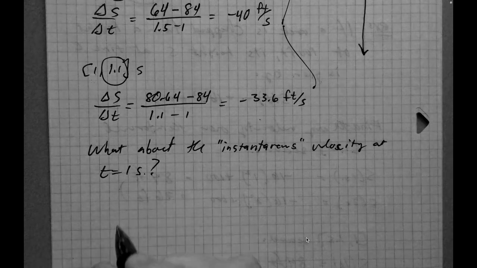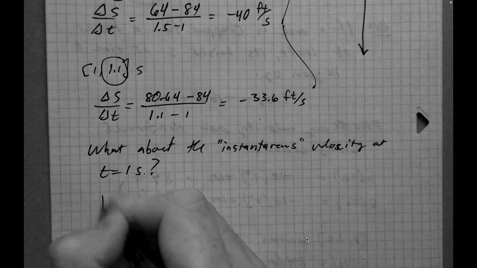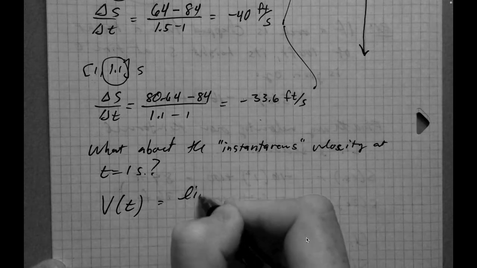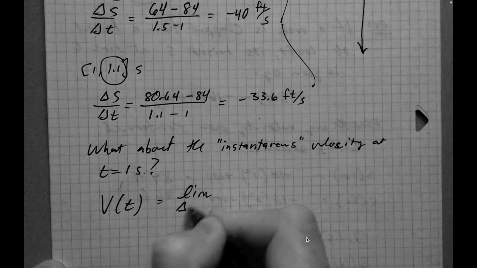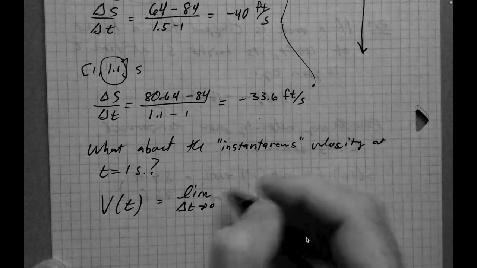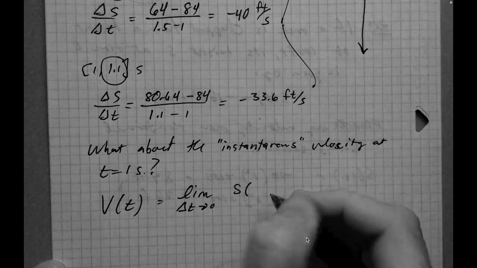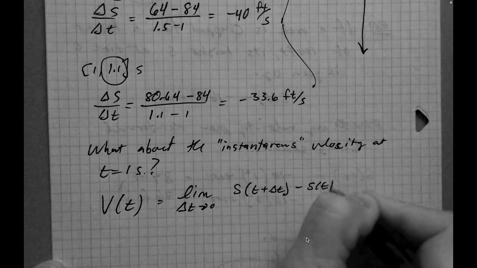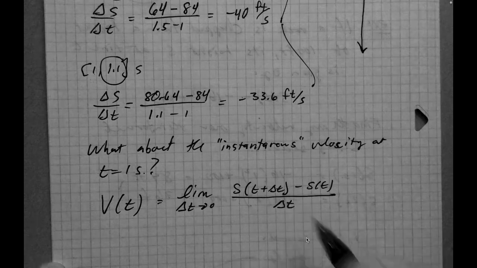So again, letting s of t be the position function, we can calculate a velocity function like this. This is going to be the limit as delta t goes to 0 of the position function, s of t plus delta t, minus s of t, all over delta t. Hopefully this is intuitive. That's what we're doing up here.